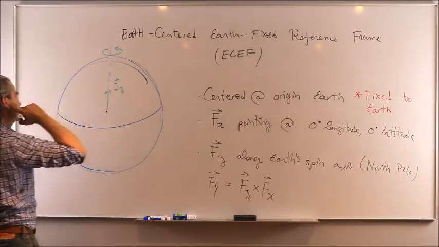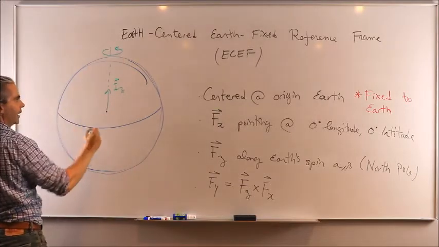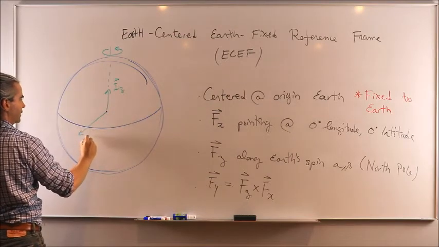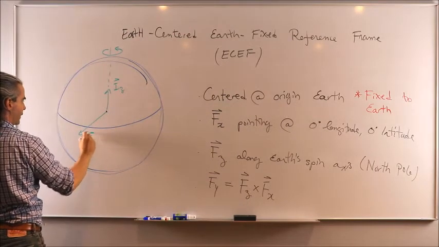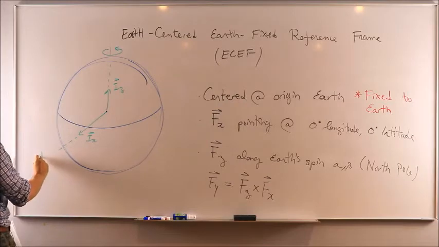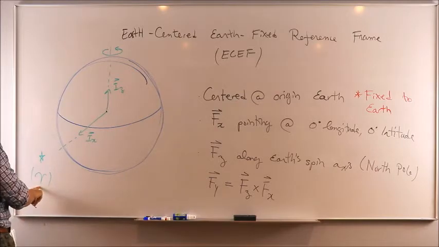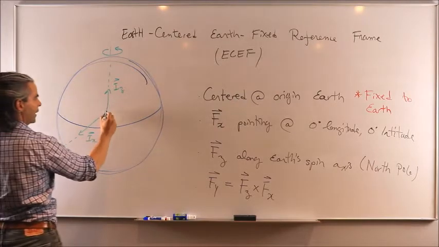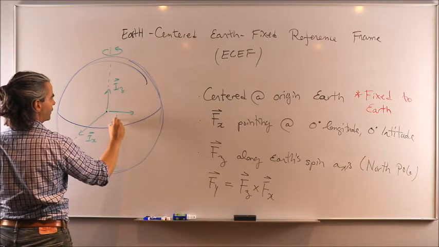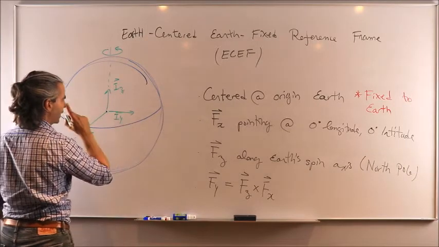This is the rotation of the Earth, 2 pi radians per day. This is Ix, pointing at a specific star, the vernal equinox, like this. This is the vernal equinox direction, essentially. And Iy, that was completing the triad.